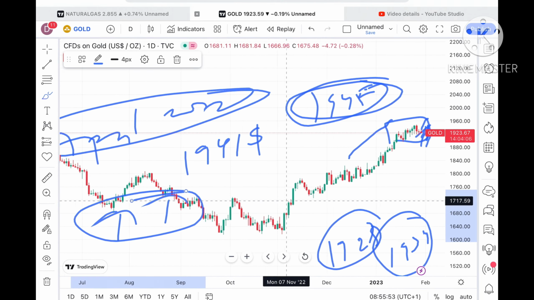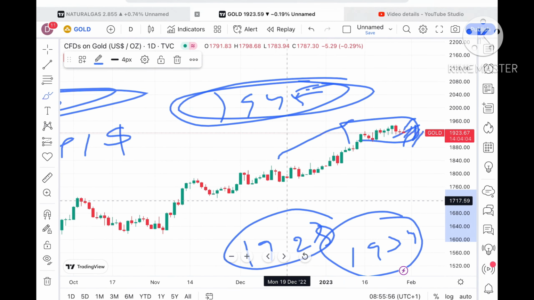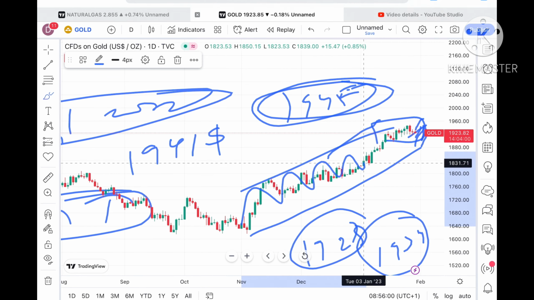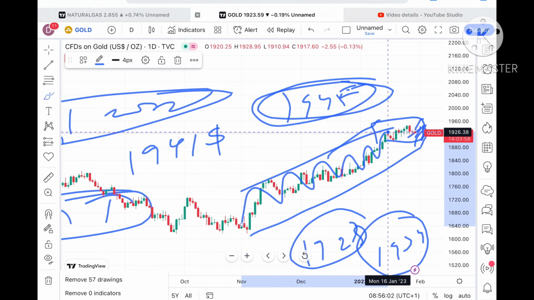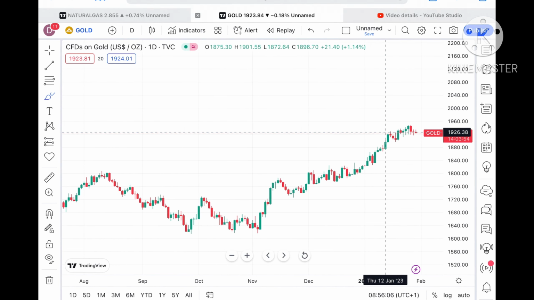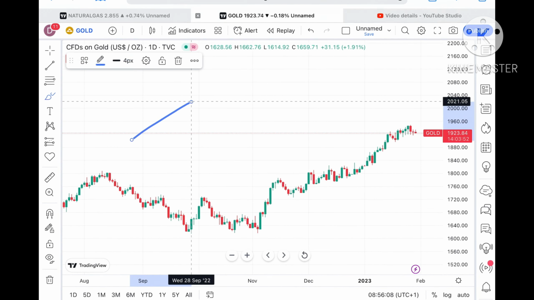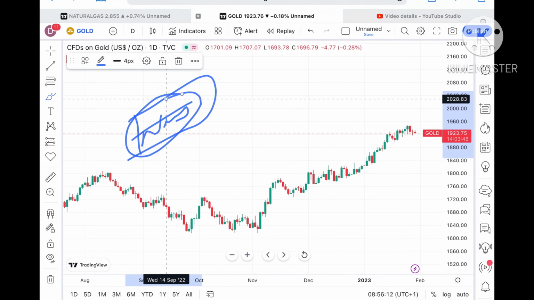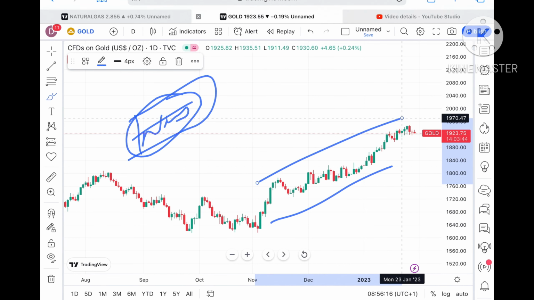Okay, now if you look at this particular chart, it has moved in ascending order, but this is quite volatile. As you can see, green candles as well as red candles are forming. One important thing that you have to understand: you cannot completely rely on news, because it can be manipulated, but the data, mostly what we see on the chart, cannot be manipulated.